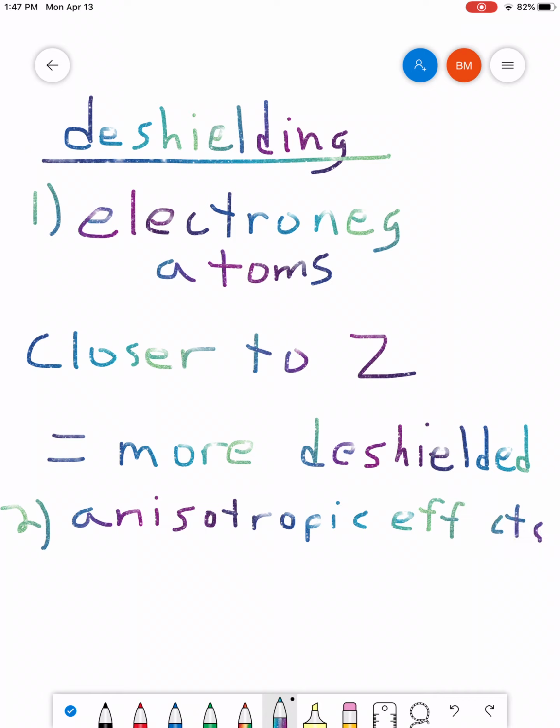Come on. There we go. As far as the ones that cause de-shielding: aromatics. The closer an H is to an aromatic group, the more de-shielded it is, because the aromatic pi electron system enhances the external magnet.